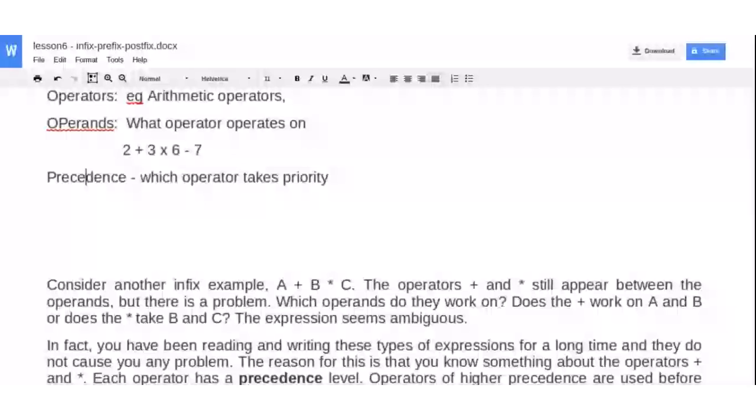And so, remembering our BODMAS, so we're saying here, BODMAS describes precedence.